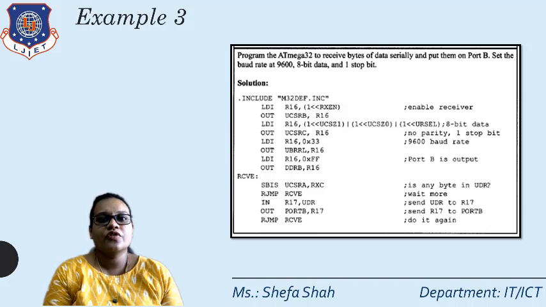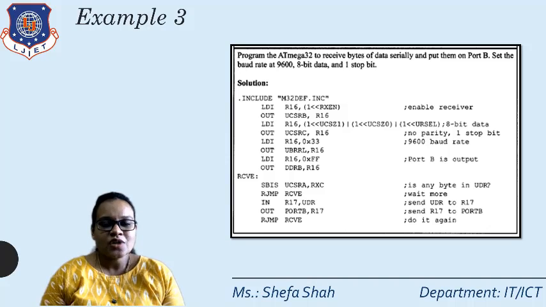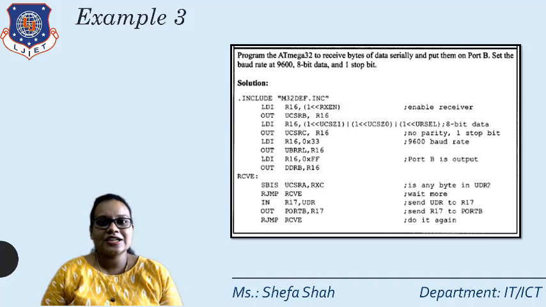Now we need to monitor the RxC bit. In the receive subroutine, we use SBIS UCSRA, RxC. Here the RxC bit is monitored continuously to see whether it is set or not. If it is set, then the RJMP receive will be skipped. If it is not set, it is monitored continuously till it is set. Whenever it is set, RJMP receive is skipped, and we receive the data from the UDR register.